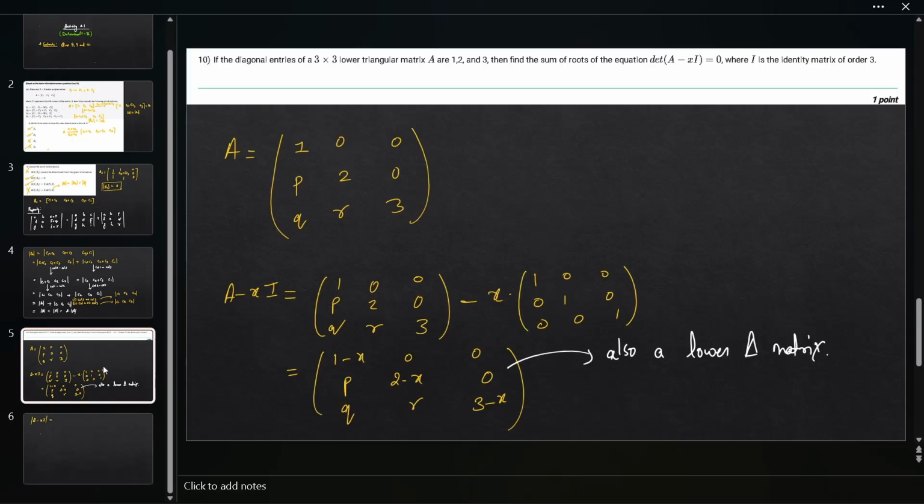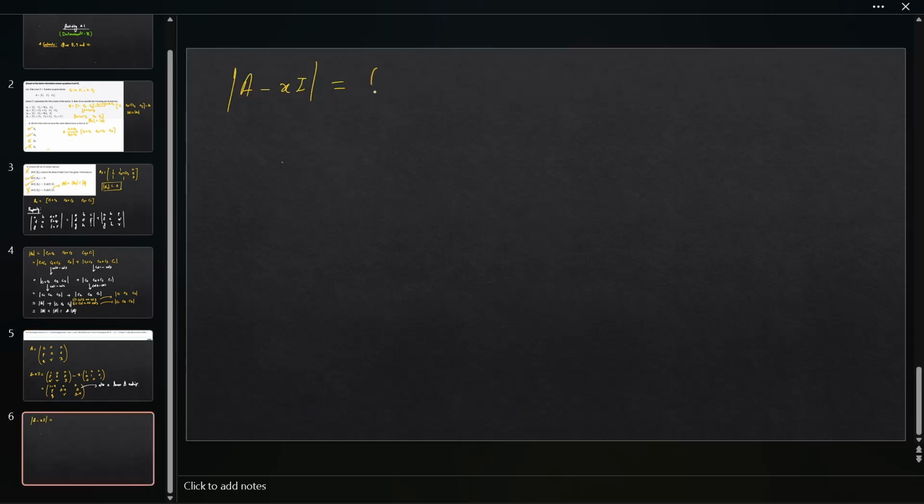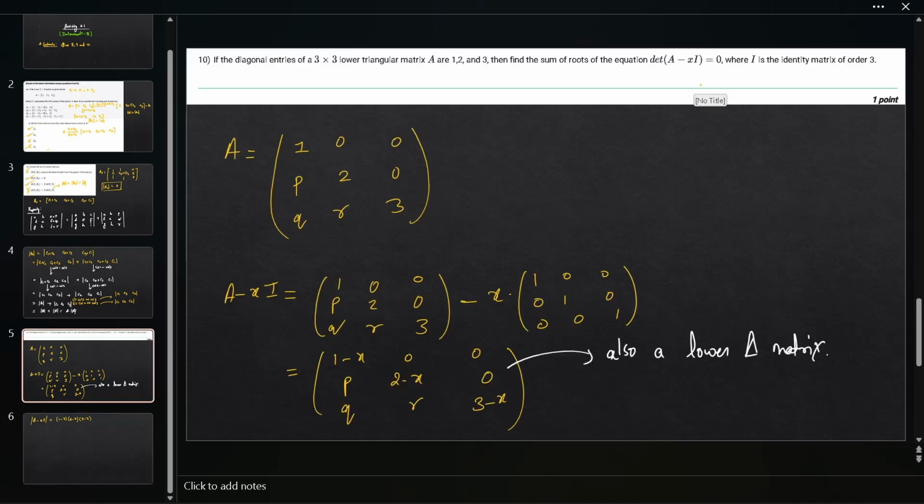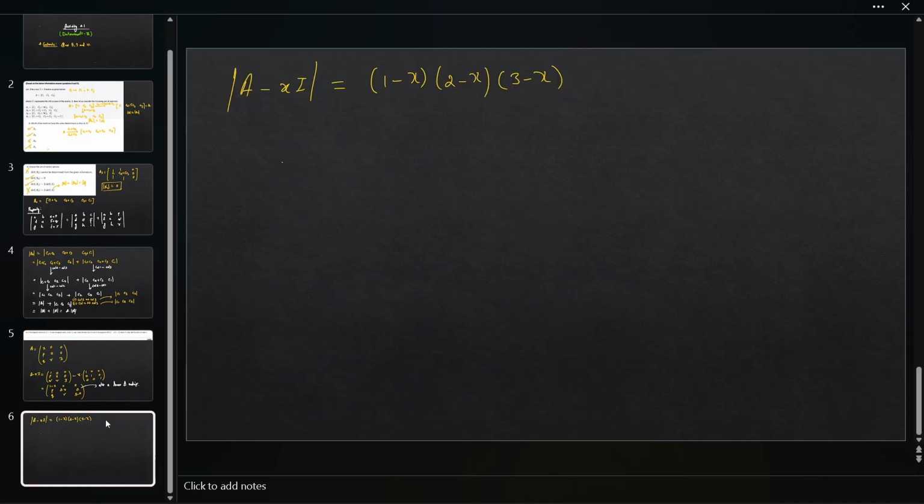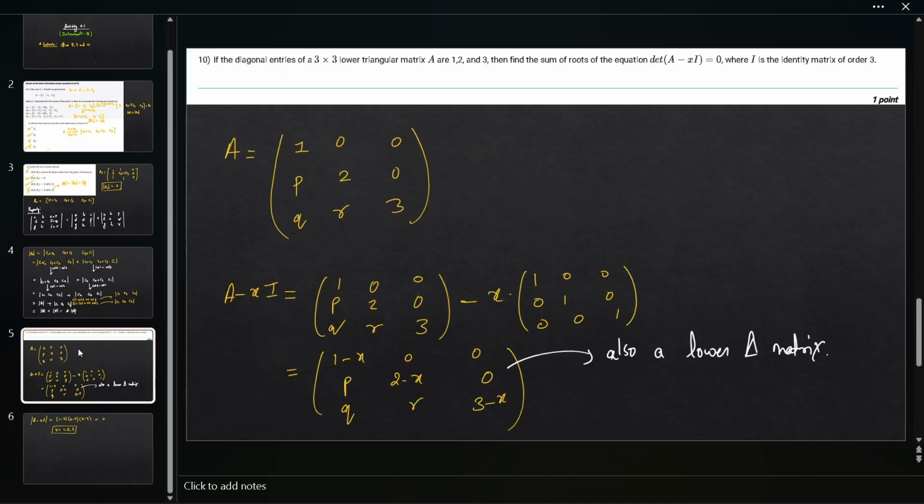So here we'll just take the product of the diagonal elements to find the value of the determinant, which is equal to (1 minus x)(2 minus x)(3 minus x). And the question asks us to solve this equation where we are equating this with 0. So if we equate this with 0, we obtain the value of x as 1, 2, and 3. So these are the three possible values of x.